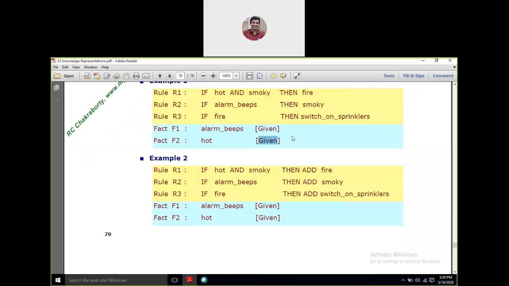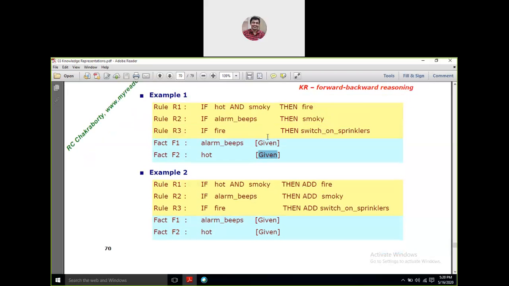Now, in the case of forward and backward chaining, there is something more that can be done. I have the set of rules and certain instructions that are given. So if the premise is this, then you have to add this further information to the working memory.